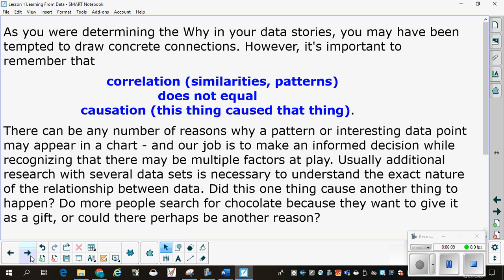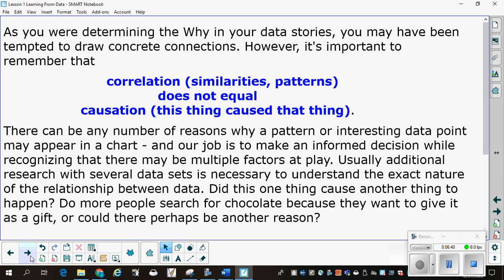As you were determining the why in your data stories, you may have been tempted to draw concrete connections. However, it is important to remember that correlation, similarities, and patterns does not equal causation. This thing caused that thing. There can be any number of reasons why a pattern or interesting data point may appear in a chart, and our job is to make an informed decision while recognizing that there may be multiple factors at play.